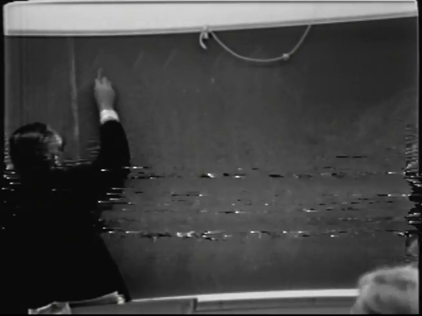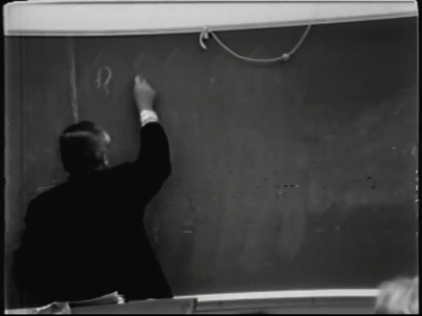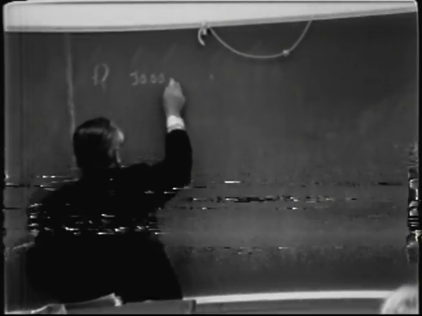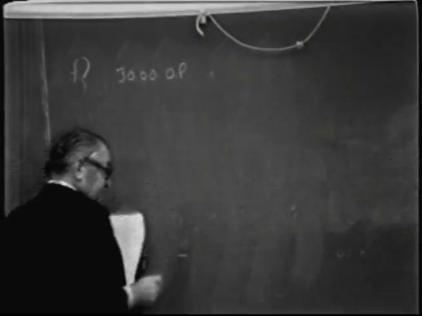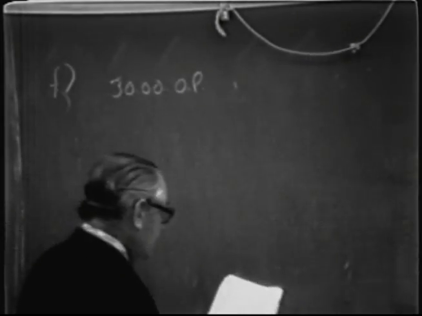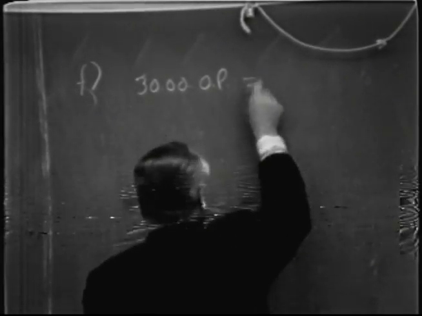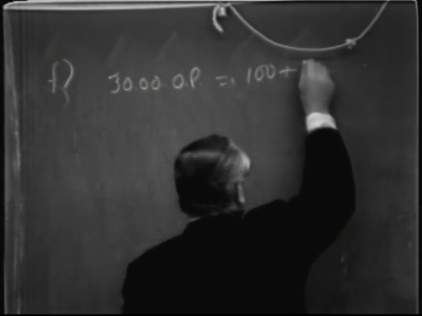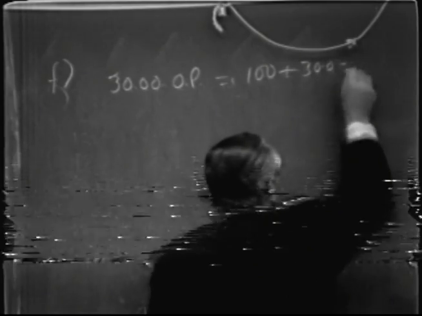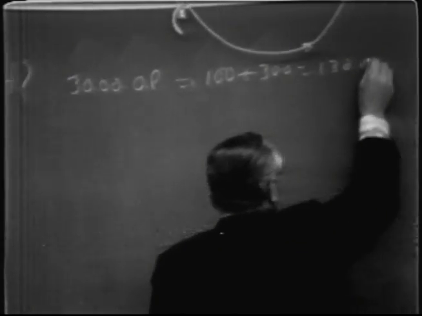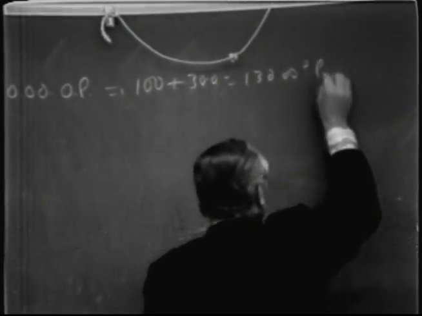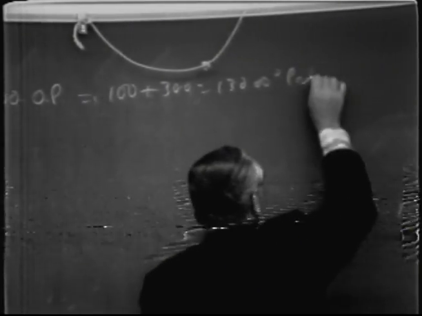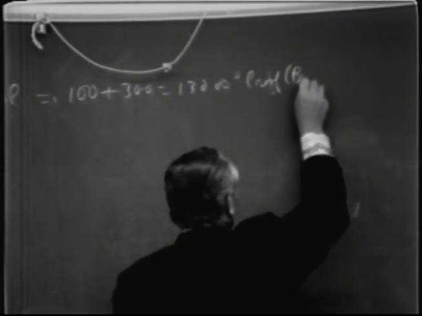Well, this is part F. An average 30.0 overproof, as they frequently abbreviate it, of course, is equal to 100 plus 30, or 130% of proof in the British system.